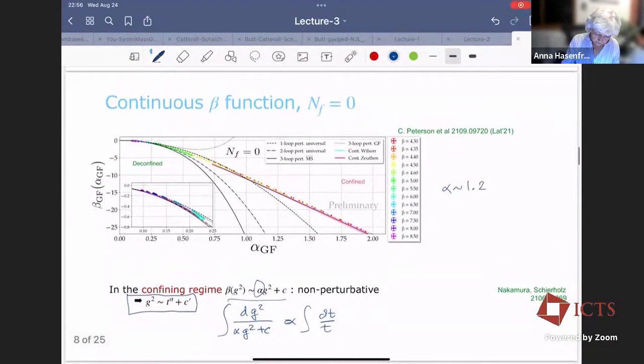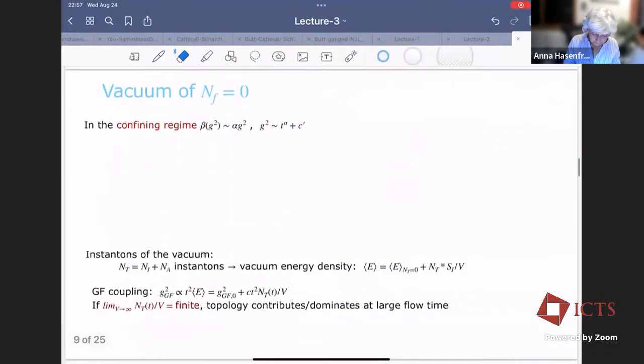When we first showed or published this beta function, I got an email from Gary Schierholz, who claimed that this is all topology. Maybe, but let me show what it could be.